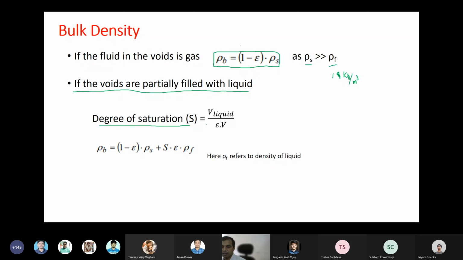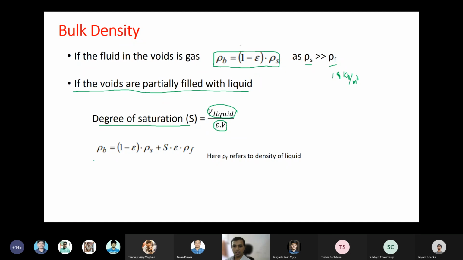Partially saturated means there is some liquid and some gas in the voids. So degree of saturation is nothing but the volume of liquid in the voids by the void volume.